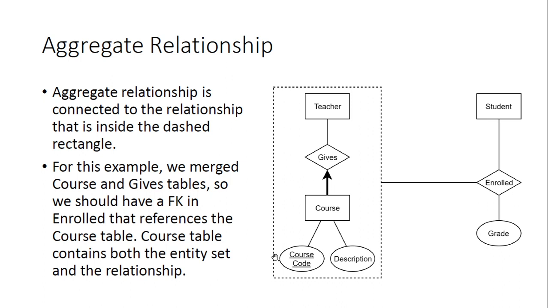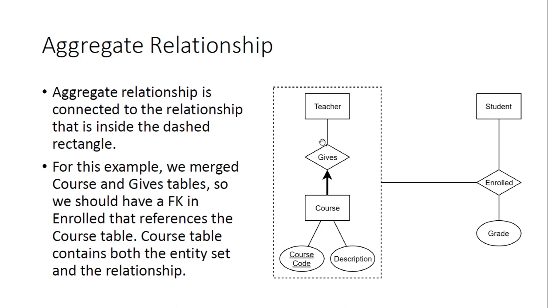The dashed rectangle says that this aggregate relationship enrolled is going to refer to the relationship gives, the only relationship inside this dashed rectangle. That's why if you have a dashed rectangle, there should be only one relationship in that rectangle. So in this case, it's gives.